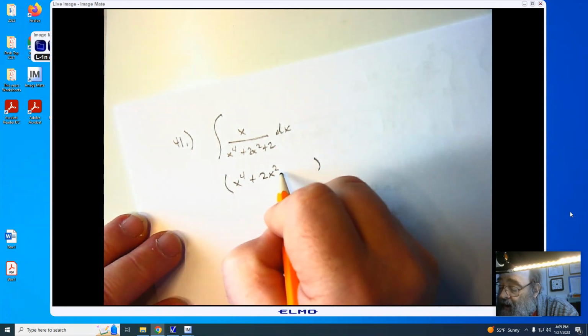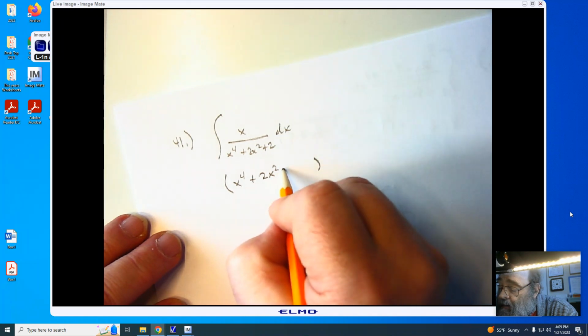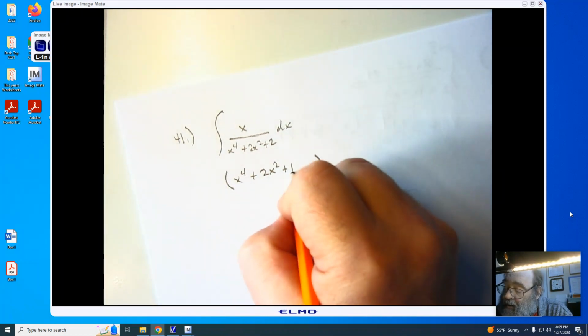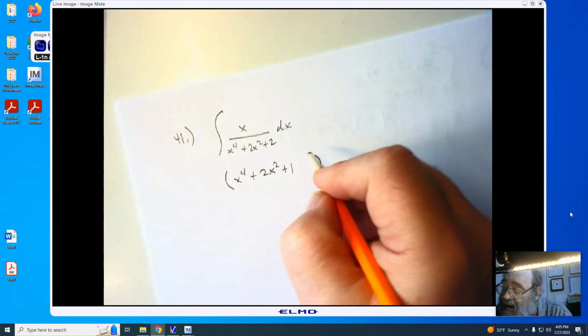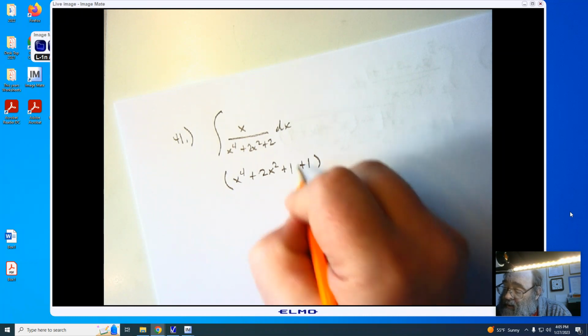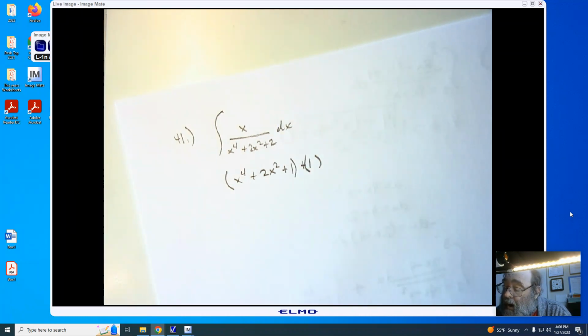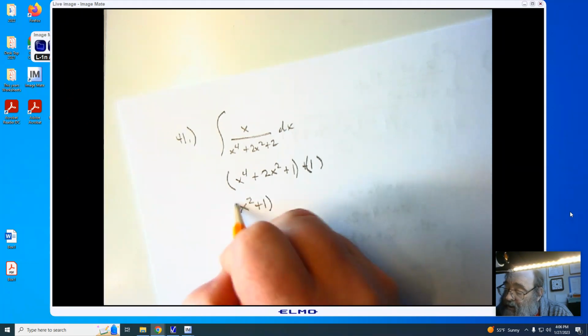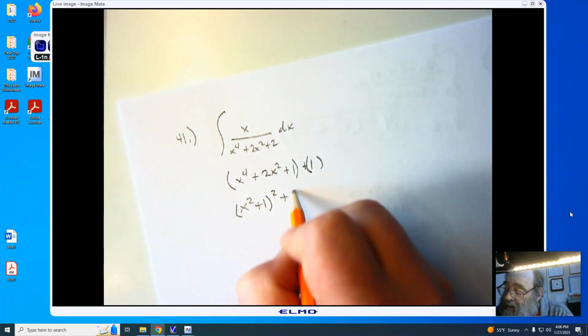This is going to give me plus, and we're looking at just 1, and then I have an additional 1 sitting out there. Alrighty, that means that I have x squared plus 1, the quantity squared, plus 1 squared.